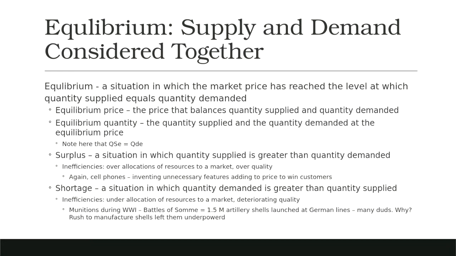Now, we have two simple examples. One of them is simple, straightforward, and readily available. The other one is a bit more dramatic, and that's because your professor's a history nerd. The straightforward example is, let's just think about housing in Athens, right? There's a housing shortage in Athens, which means that the quality of housing can deteriorate as prices rise. Why?